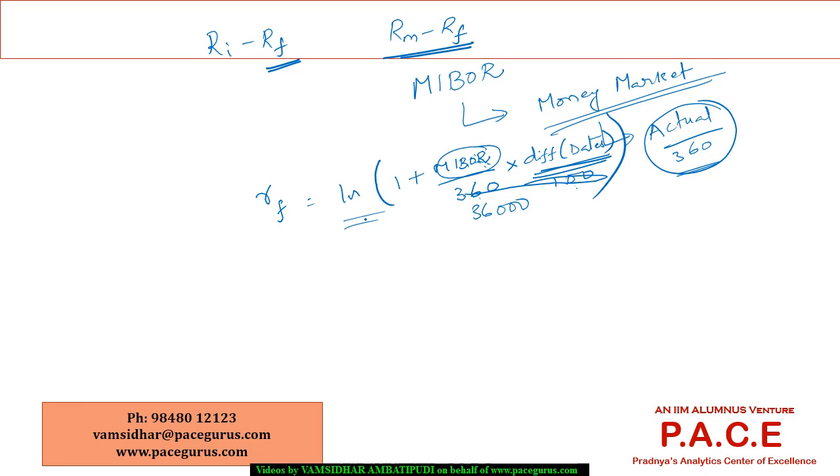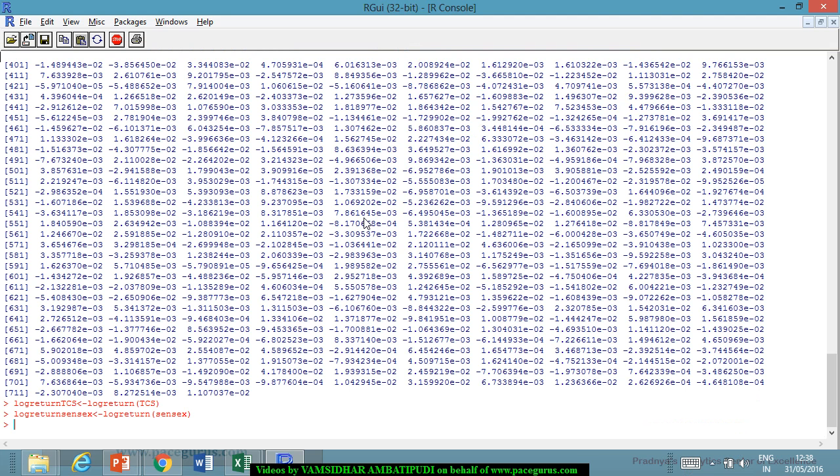And T and T minus 1 are calendar days here, not the trading days. So in some cases the difference could be 1, and if there are some non-working days in between, the difference could be 3, 4, 5 as well. So overall I can find out the risk-free rate of return.